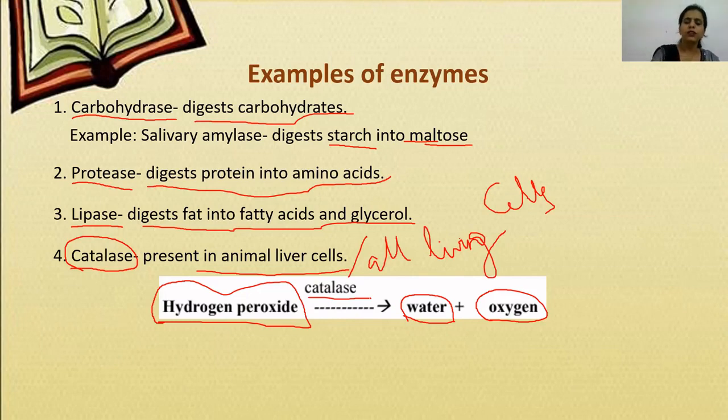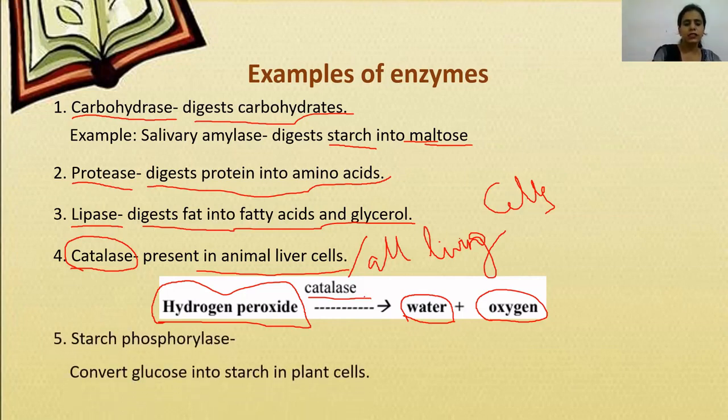You are aware that water and oxygen are both not harmful for our body, but hydrogen peroxide is toxic. So the function of this catalase enzyme is to break down hydrogen peroxide into water and oxygen in the living cells.